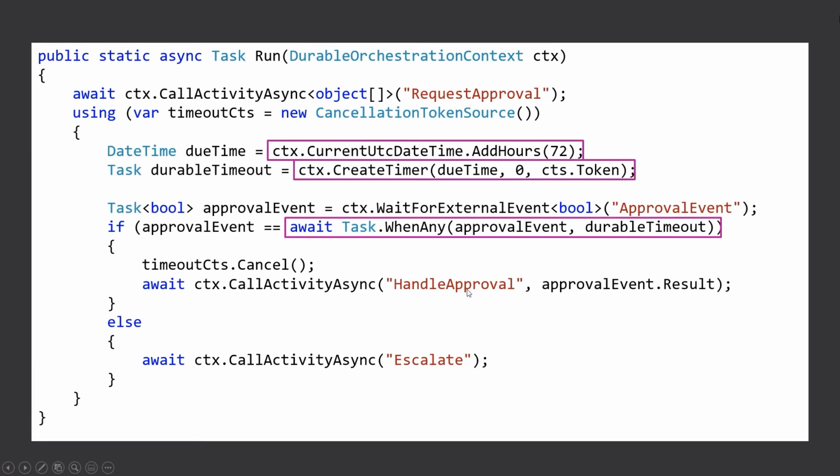Because if we have the approval event, we're going to have to handle it. So is it approved or denied? We can save that to the database, doesn't matter. But if the durable timeout comes before the approval event, that means that we waited 72 hours and there was nothing that Bob did. And so we had to do a call activity and we want to escalate.